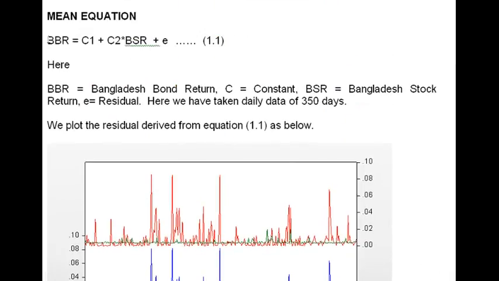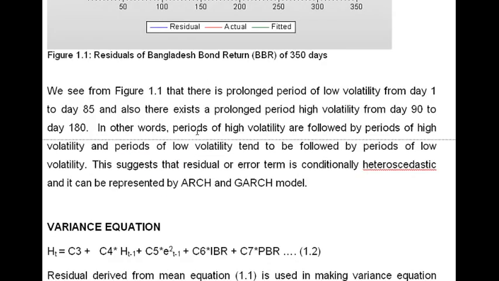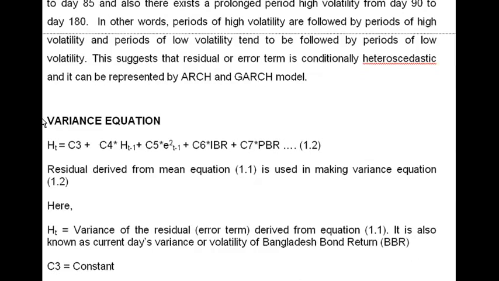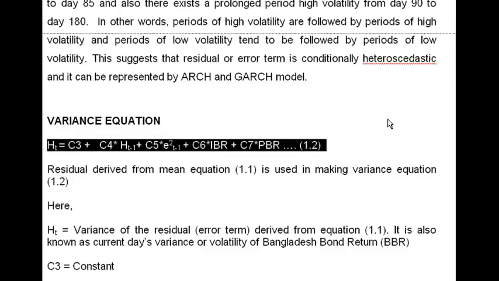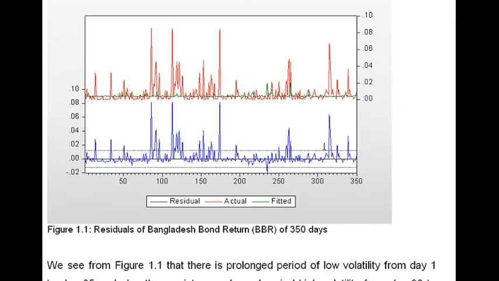One is mean equation, you can see from here, that is 1.1, and second part of the GARCH(1,1) model is variance equation, which is this one, equation number 1.2. So these two equations we shall solve today.